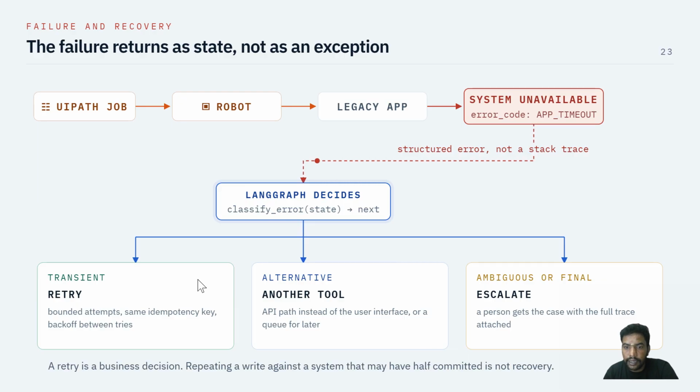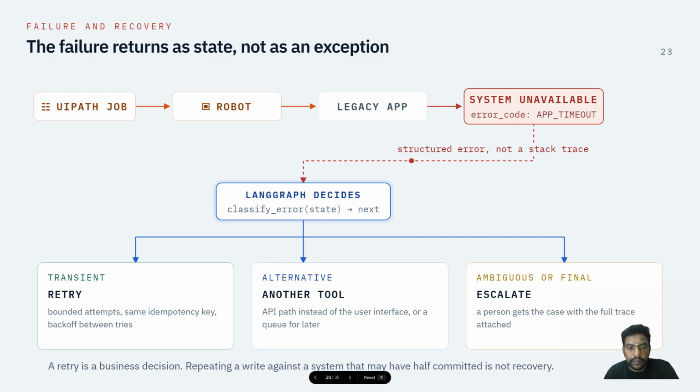I have seen it happen because the retry policy was set at the HTTP layer by someone who had never seen the business process. Failure should arise as a structured state, correct? So the graph can make a deliberate recovery decision.